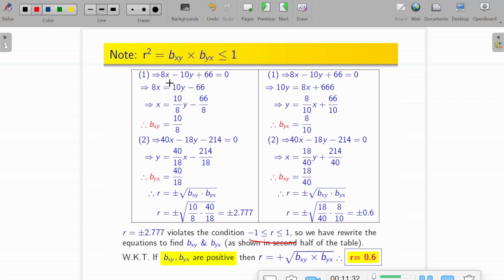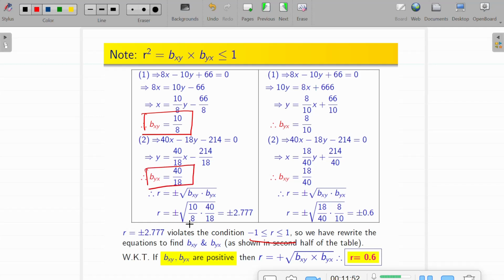So if I assume, for example, I'll state it here, that 8x minus 10y is equal to 6 is the equation of x on y, I'll get this as my regression coefficient of x on y. And if I choose the other one as y on x, I'll get this coefficient byx.